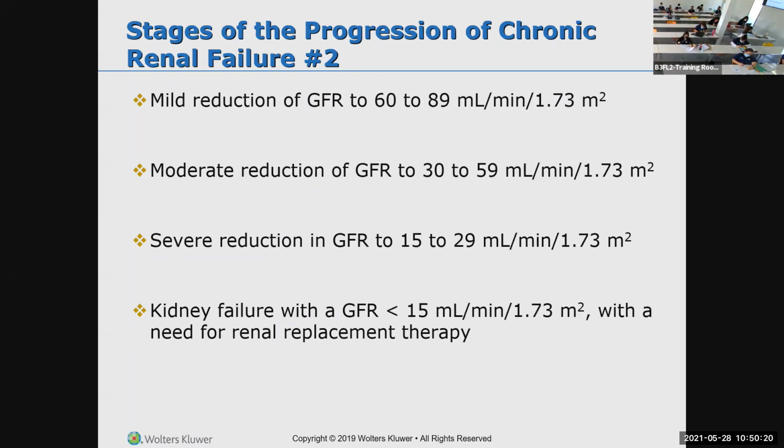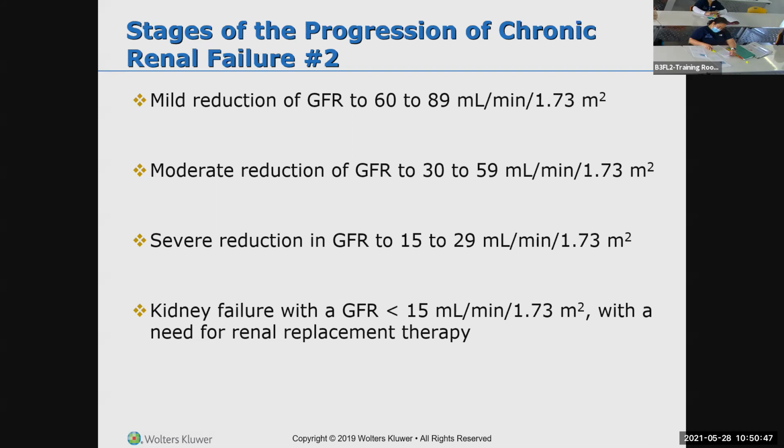This is about the GFR we mentioned already, PowerPoint. Mild, moderate, and severe. We said normal has to be above 90, please remember. So kidney failure is when the GFR is below 15 ml per minute.